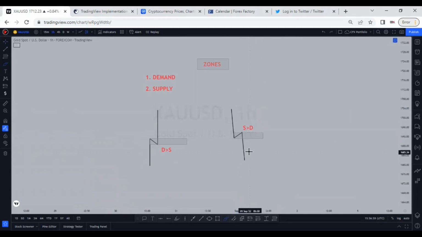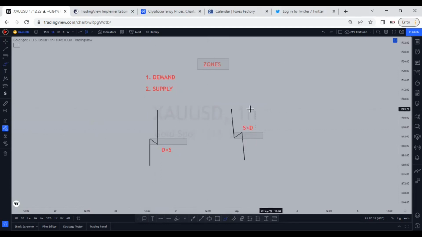Whenever the market comes into this zone, the expectation is that the price is going to drop because in basic economics, we know that whenever supply is high compared to demand, the price will drop.